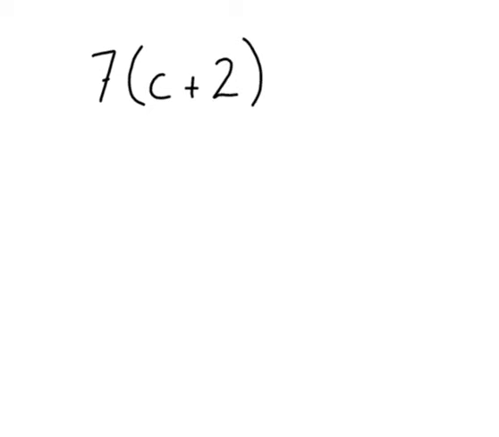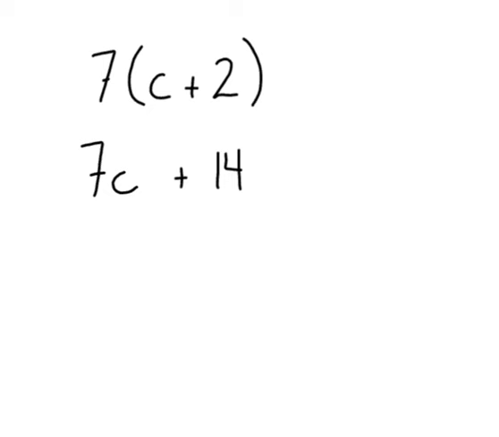We would distribute this: 7 multiplied by c and 7 times 2. So we end up with 7c plus 14. You're going to see questions like that where they just want you to expand them, just like we did. When they ask you to expand using the distributive property, that's what they mean.